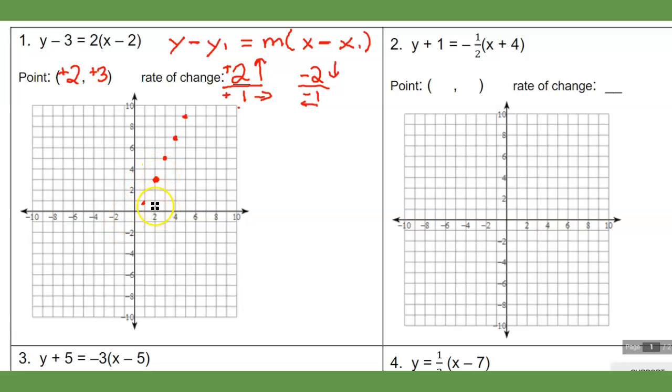So down 2, left 1, down 2, left 1. Right. And of course, always use a straight edge. Never draw a line freehand. So your student ID card is a really good straight edge. Okay.